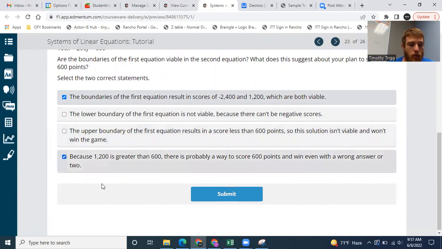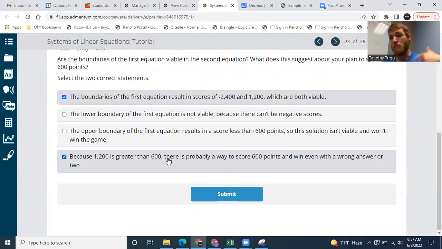The actual other correct answer is because 1,200 is greater than 600, there's probably a way to score 600 points and win even with a wrong answer or two, right? Which makes sense.